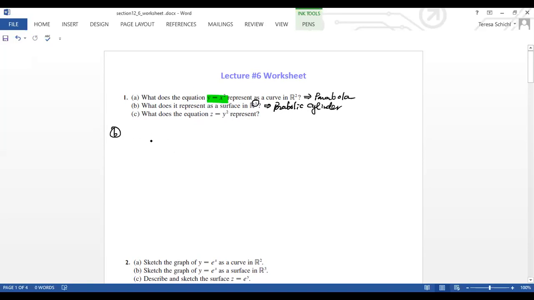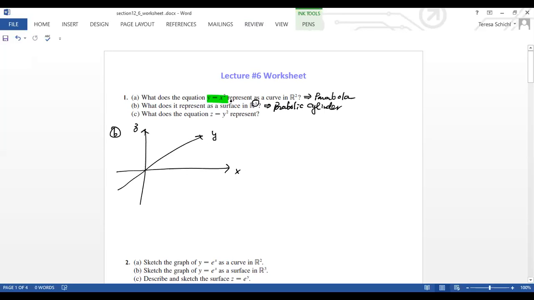Let's take a look at how I sketch it by using the traces here. Okay, so in general, it's not too easy to sketch. So this is my x-axis, this is my y-axis, and this is my z-axis.